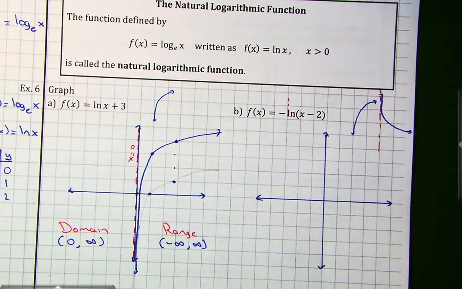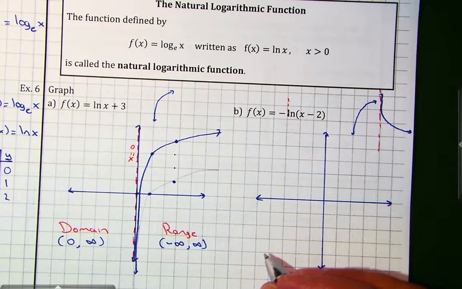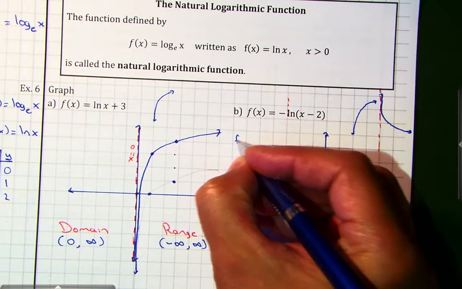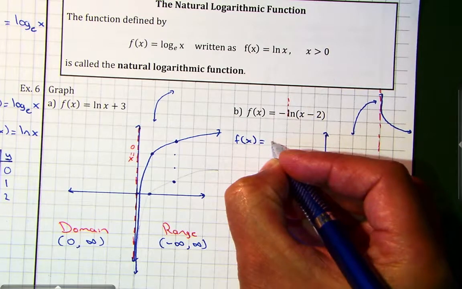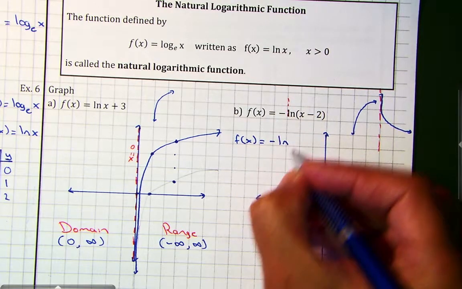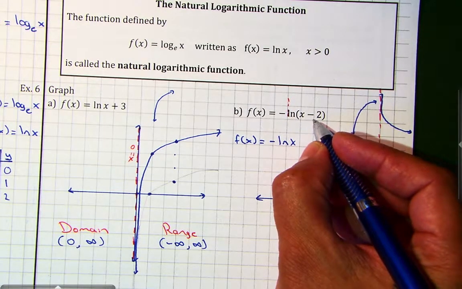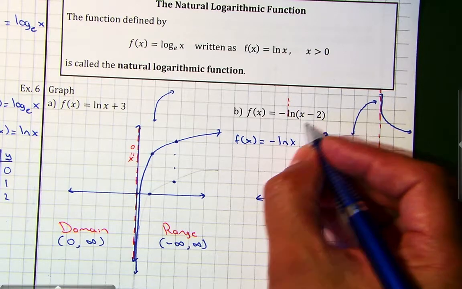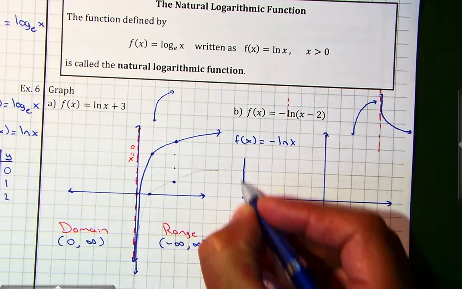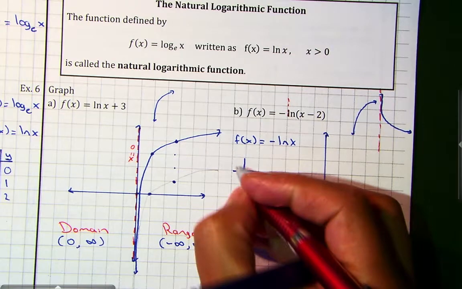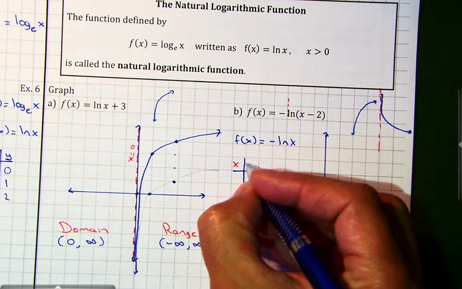Excellent. So in this case, we are graphing the basic part, so f of x. We're not leaving the negative behind. This will be the basic graph, and then we're going to have to shift it to the right too. I'm going to make a quick table of values. I'm going to plug in values for x, which will give me back values for y.